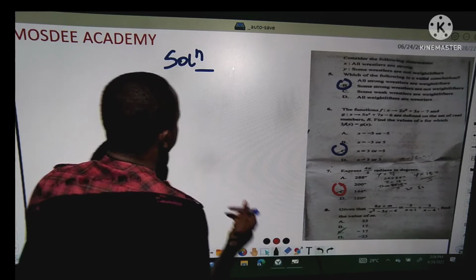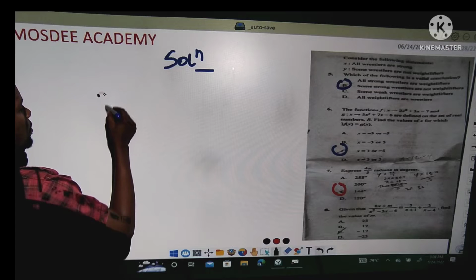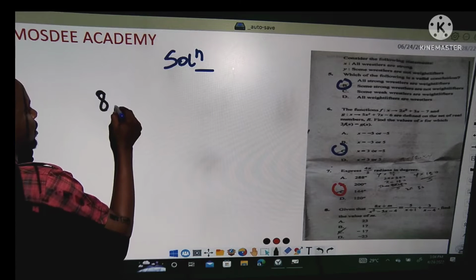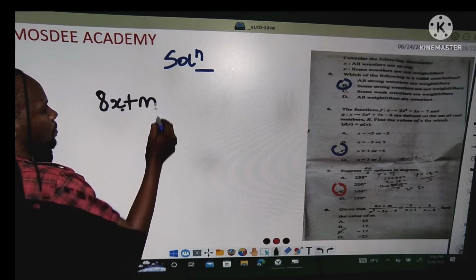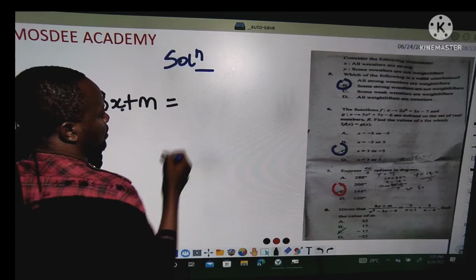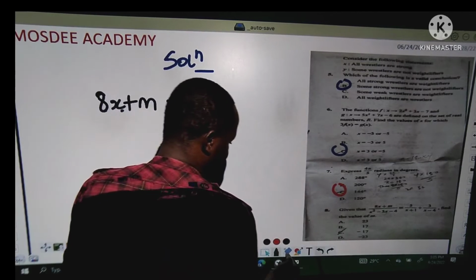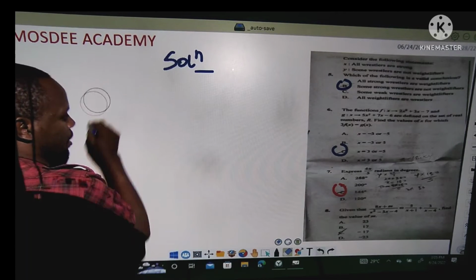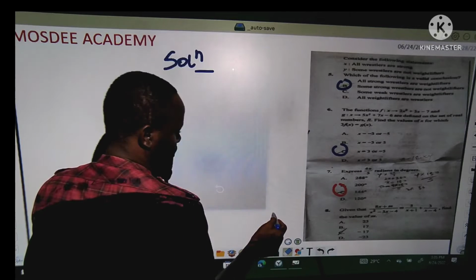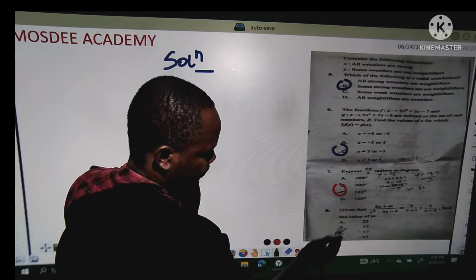We can say 8x plus m is equal to, like I do tell you, you can always use this direct solution. I didn't time myself, and I have to time myself, it is important. So now we have to have 5.